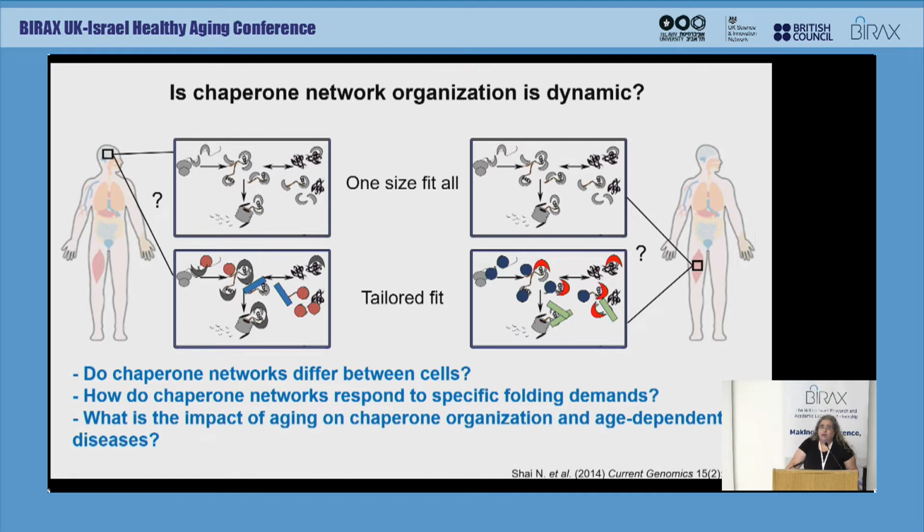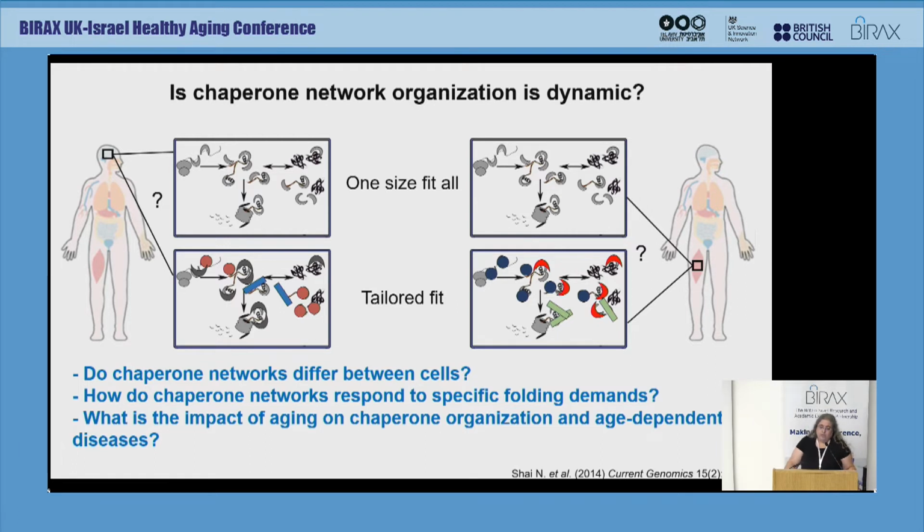One, where we sort of say one size fits all, where we have a master regulator that controls the expression of chaperones in any given tissue, and then we will have certain machineries that are producing those cells, and they do the job, and it doesn't really matter if you're a muscle cell or a brain cell, this is the function you're going to have. And then on the other hand, we can envision a tailored system where if you are a muscle, you're going to get the quality control that a muscle requires, whereas if you are a neuron, you're going to get the quality control that the neuron requires to do the function.